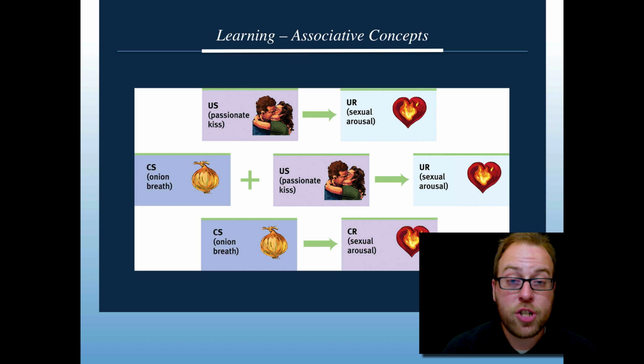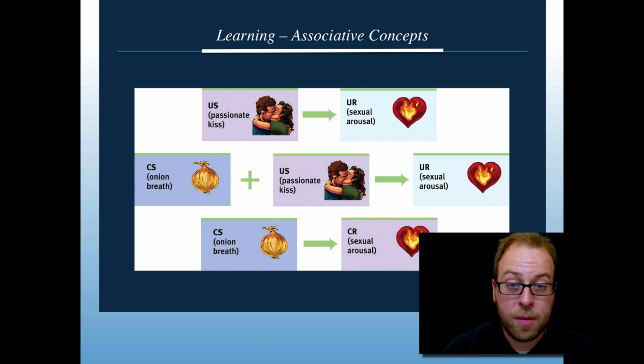The unconditioned stimulus produces an unconditioned response, that is, a natural response to that stimulus. In the case of the unconditioned stimulus of a passionate kiss, the unconditioned response is sexual arousal. This is a natural instinctive pairing.